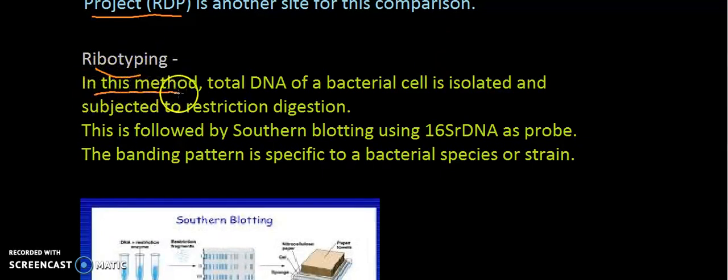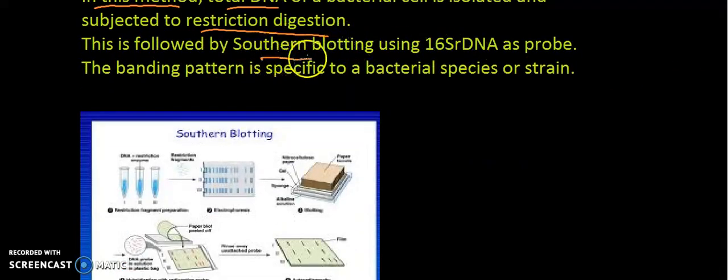In this method, the total DNA is isolated from the bacterial cell and is subjected to restriction digestion. The gel that is obtained is transferred to a membrane through Southern blotting, and it is hybridized with a probe of 16S rDNA. It gives a binding pattern of this kind, which is specific for a particular species.